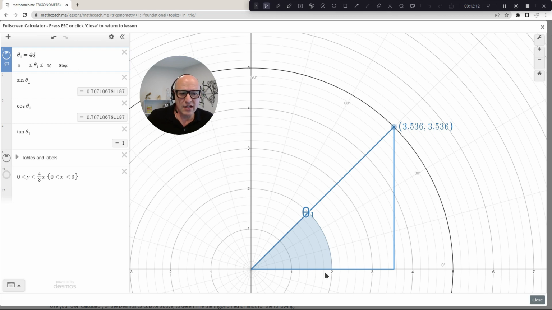This adjacent side is 3.536. And that's why we see our sine and cosine ratio, that number divided by 5, is the same. And our tan ratio is 1. Makes sense, because the opposite side is exactly equal to the adjacent side. Divide those and you get a 1. Okay, let's move it up.